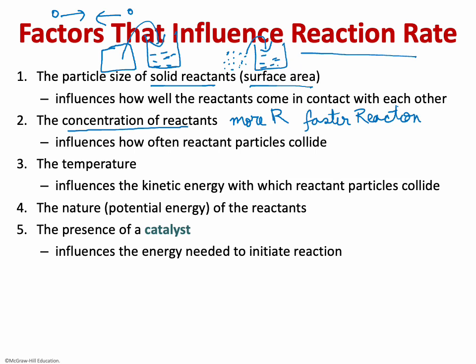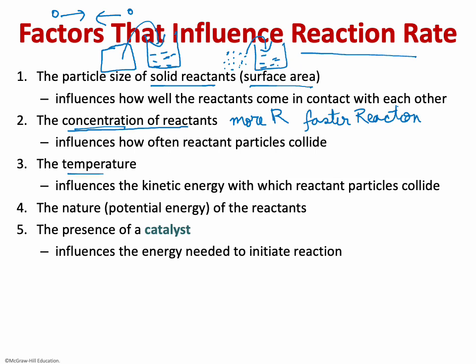So if there is a higher concentration, that means I have more molecules in less space. That is concentration, right? More solute in less amount of solvent. So the higher the concentration, that simply means you have a lot of molecules in a small space, which means there's more chance of them colliding with each other, which can increase the speed of the reaction.